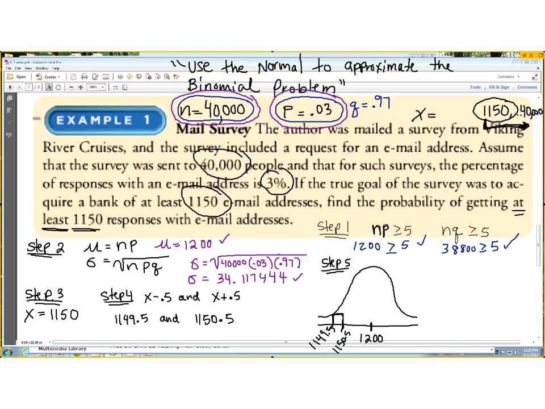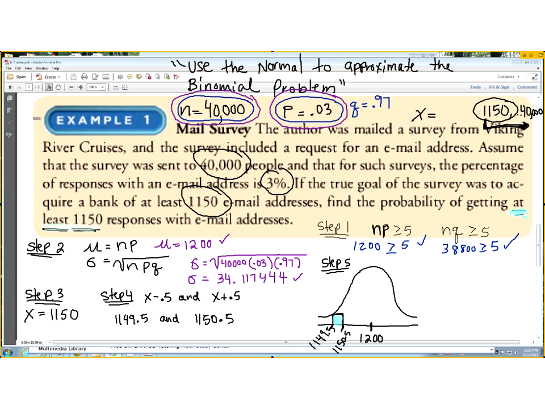So what we do is we look at the wording. The wording says, what's the probability of getting at least 1,150? So I know that we're already including 1,150. So notice that I'm trying to shade that strip because I'm already including 1,150. So you need to make sure you shade the strip.